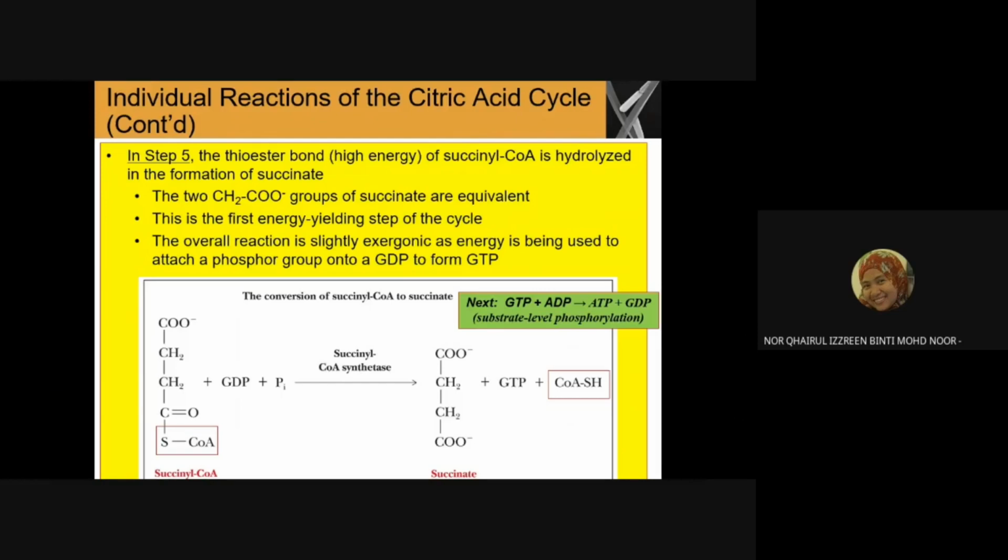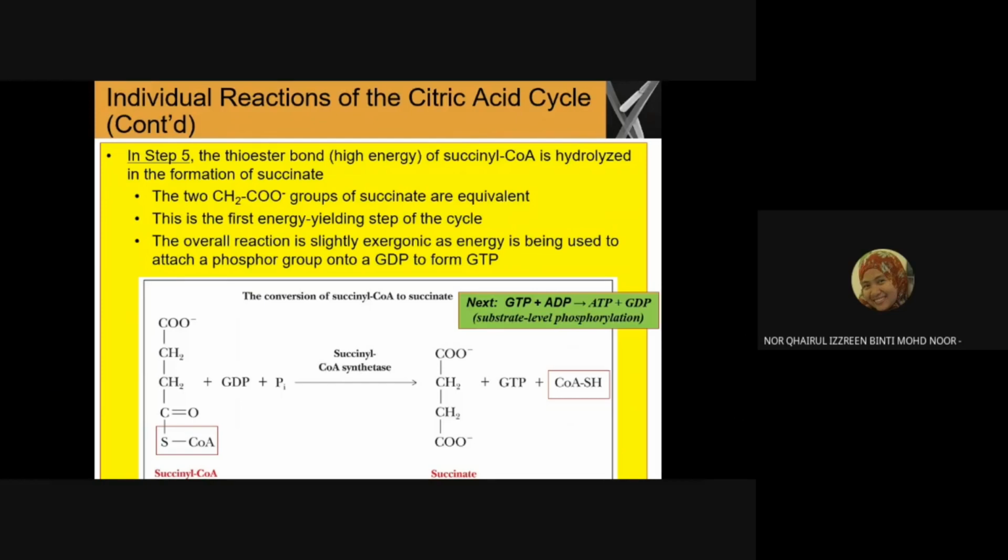Here, the 2 carbons attached to the carboxyl groups of succinate are basically equivalent. This is the first energy-yielding step of the cycle. The overall reaction is slightly exergonic, as energy is being used to attach a phosphate group onto GDP to form GTP. So why is it only slightly exergonic?